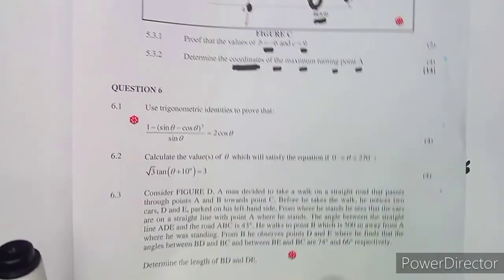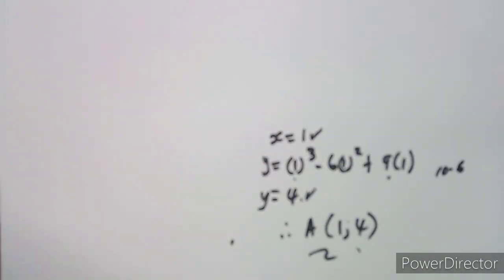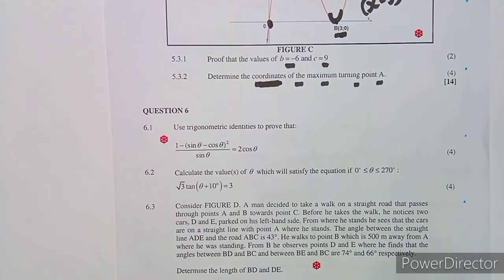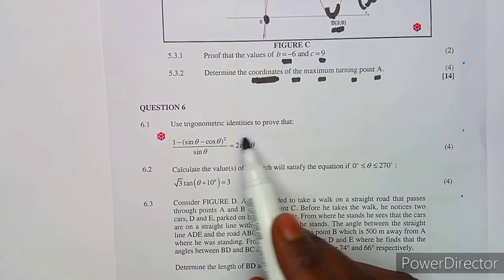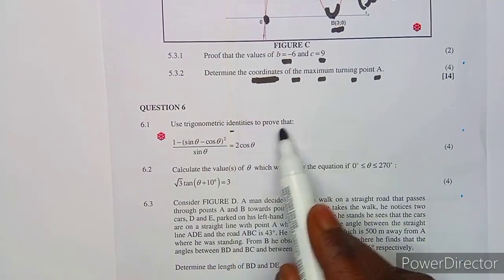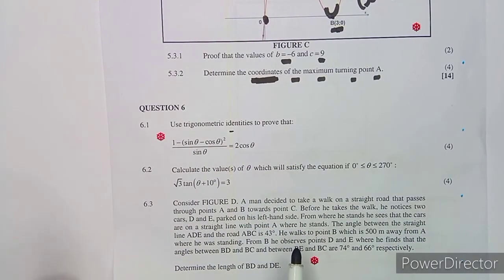All right, then on question 6 we have a question. That's question 6 exactly. So that's the last part actually. Use the trigonometric identities to prove that. We want to prove that this left hand side is equal to the right hand side.